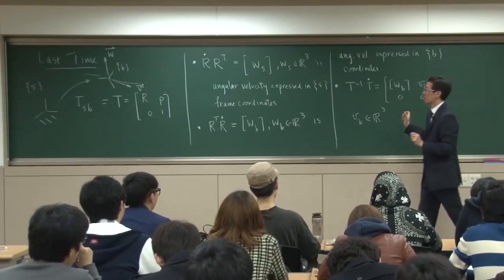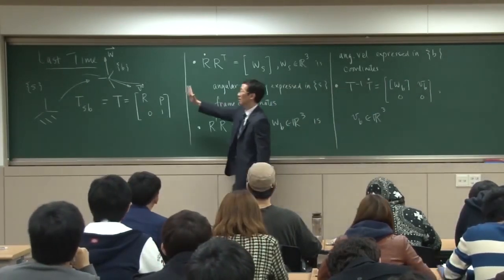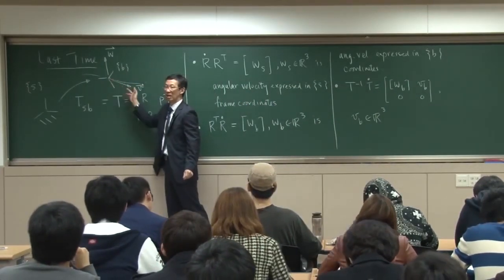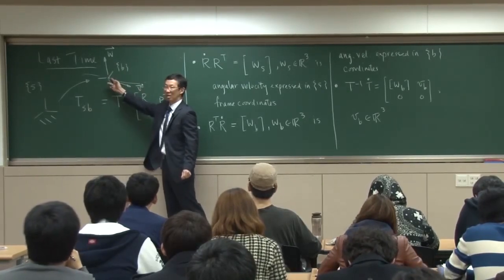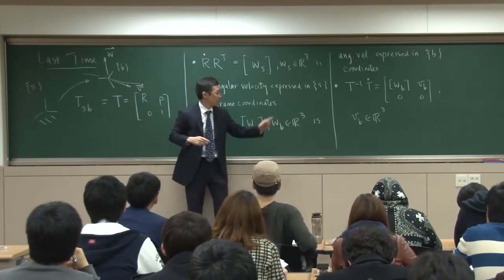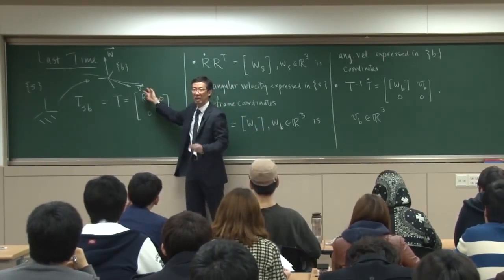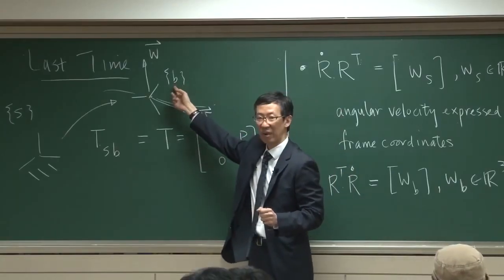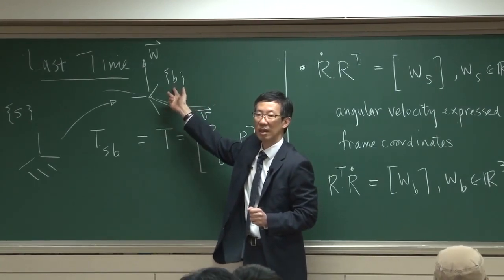The origin of the frame is moving with a certain linear velocity, and v sub b is this velocity expressed in the B frame coordinates. That's all it is.